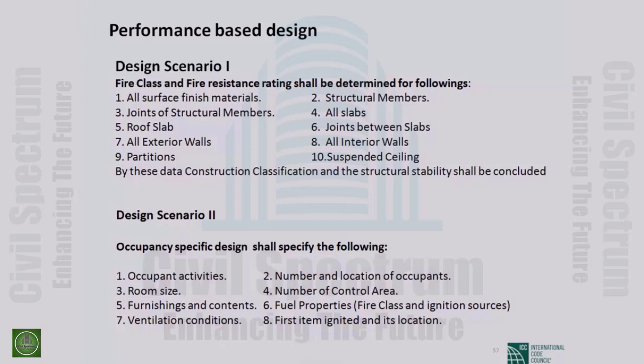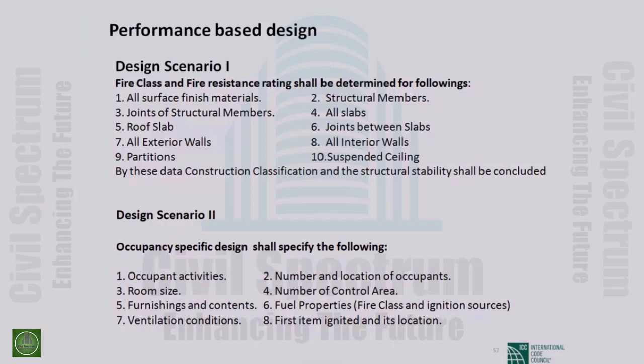Not only the occupancy, a little bit more: the occupant activities, number and location of the occupants, room size, number of control areas, finishing and contents, fuel properties. Fuel properties of what? What type of fuel is available? The fuel is a class of materials, and ignition source, ventilation condition, and fire ignition item and its location.